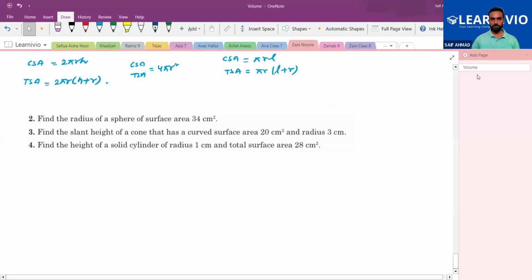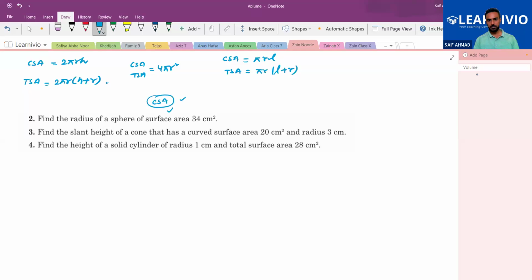You have to find the radius of the sphere whose surface area is 32. When it is asking about surface area, you have to take only the curved surface area. Understood?